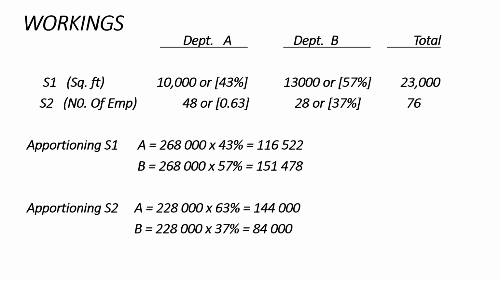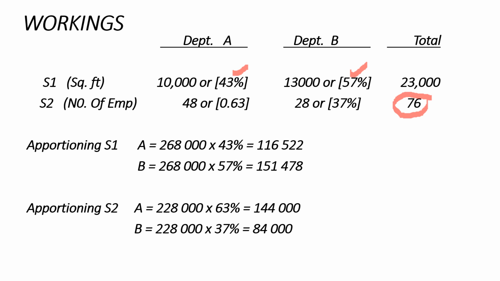So this department will get 43% of the service department overheads, and this department will get the other 57%. Okay, when we're doing it according to the number of employees, this is service department 2 now. When we are apportioning that, we look at the number of employees: 48 in A and 28 in B, giving a total of 76.